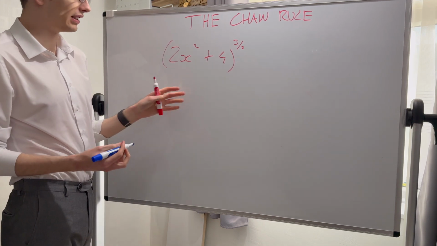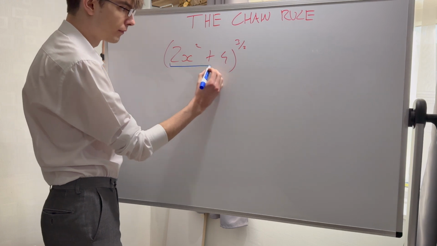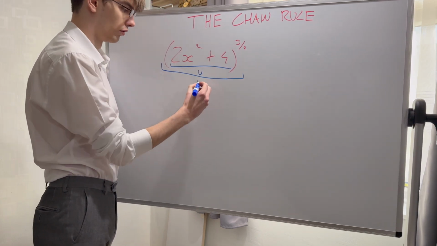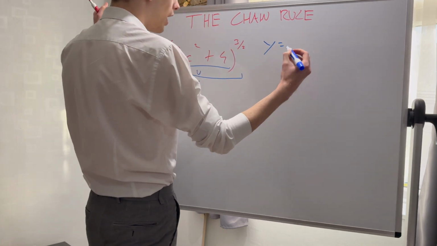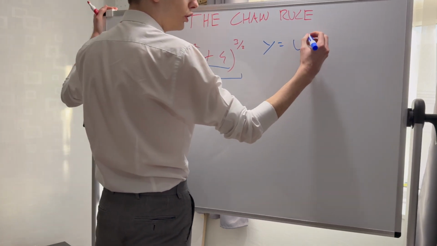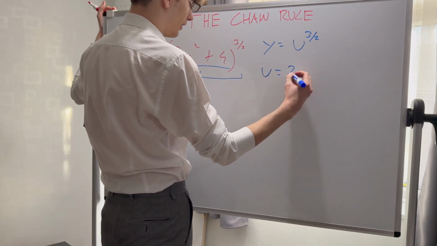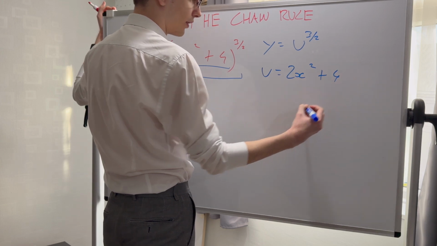But what we can notice is I've got one function, u, inside another function. Let's say y. y is equal to u to the power of 3 over 2. And u is 2x squared plus 4.